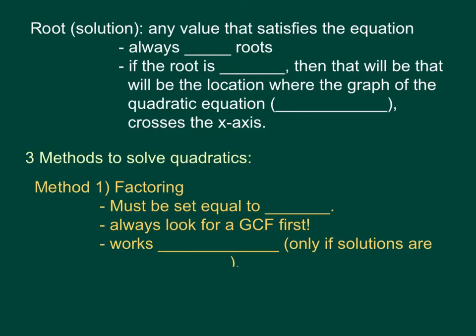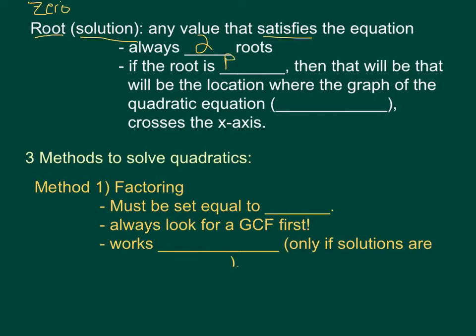Now, quadratic equations have two roots, or another word for a root is a zero, or a solution. Some people even call them the x-intercept. It's any value that satisfies the equation. There are always two of them. Always.